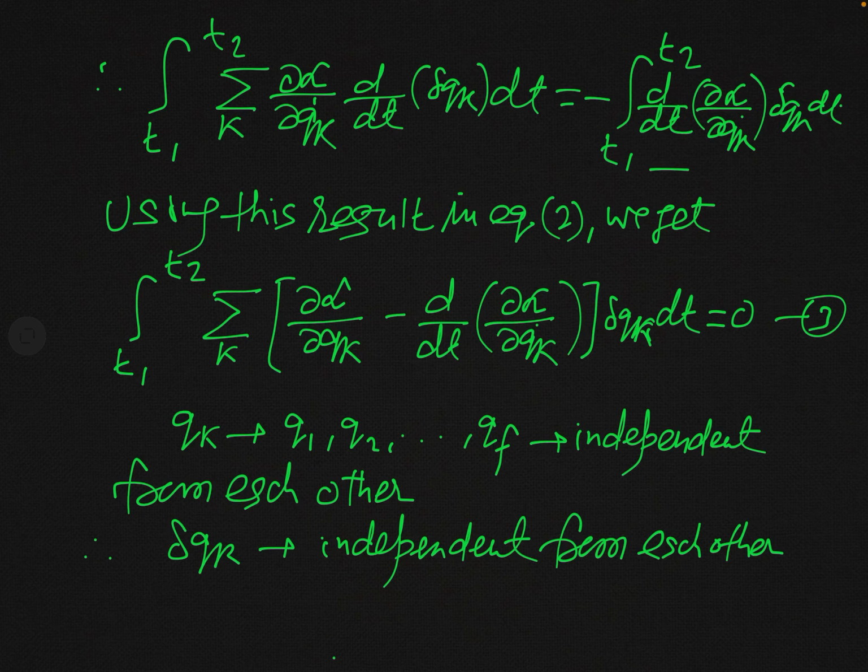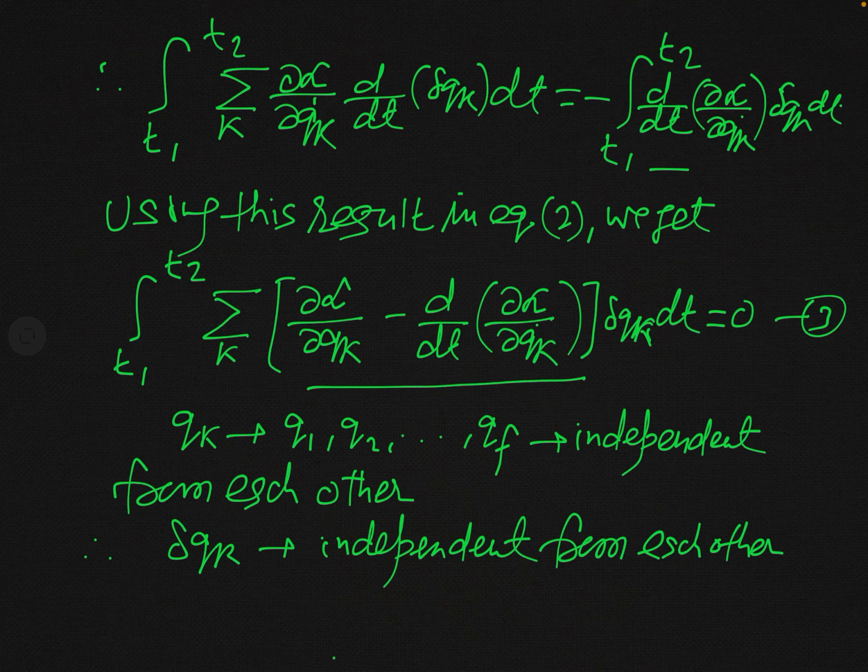It means this equation 3 holds for all values of delta qk. In fact, this will be possible only when the coefficient of each delta qk vanishes separately.